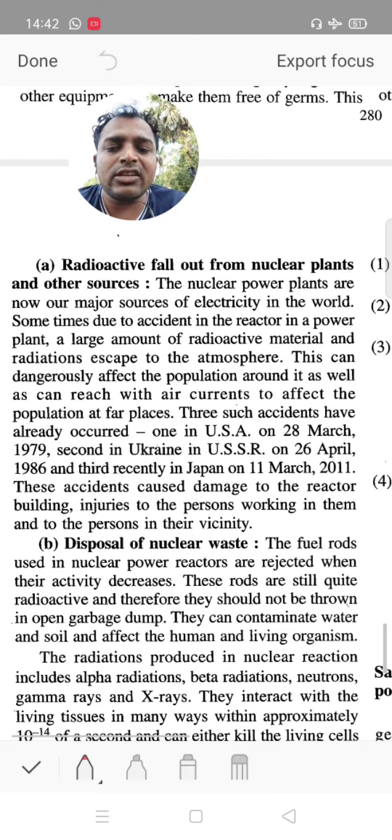These incidents caused damage to reactor buildings, injuries and deaths, and a lot of radiation in the atmosphere. Then irradiation, skin burns and mental pressure start, so a lot of problems arise.